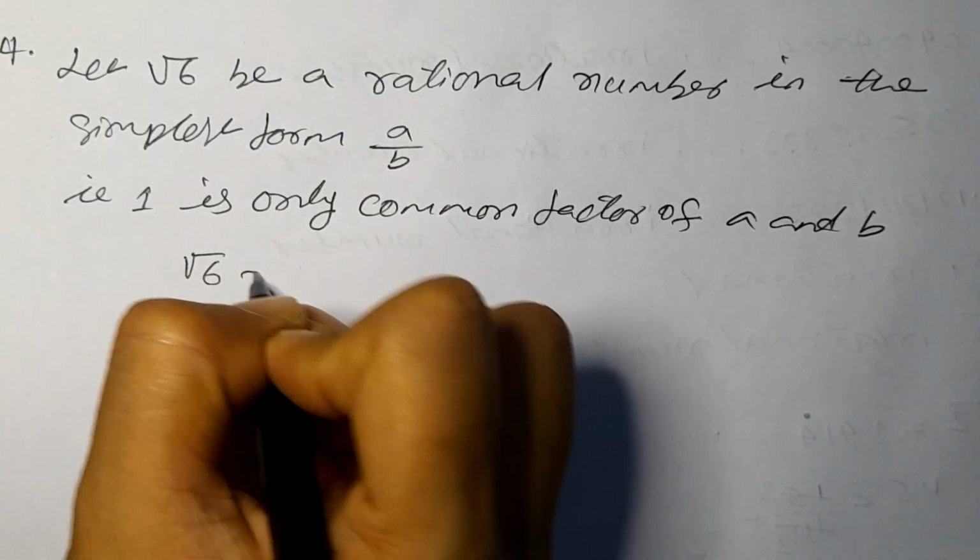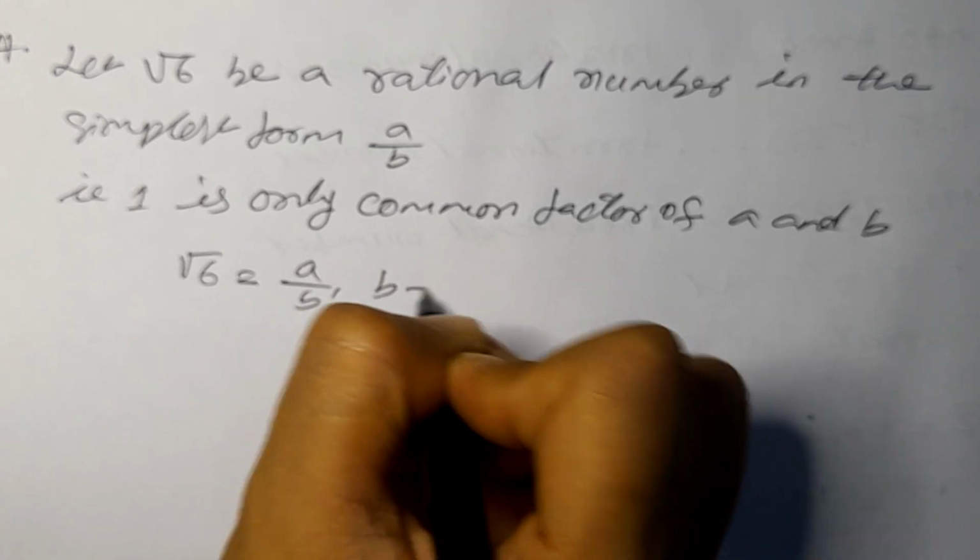So root 6 is equal to a by b, where b does not equal 0.